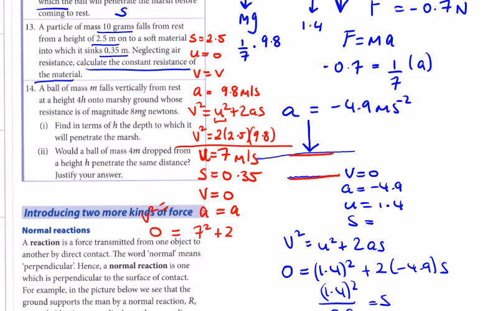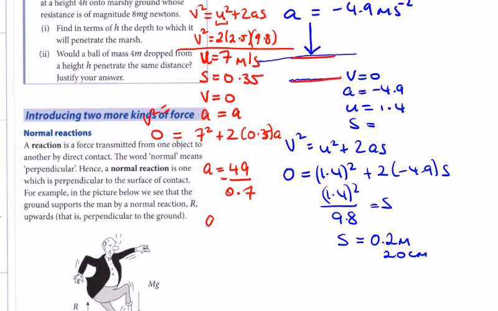So 0 is equal to 7 squared plus twice 0.35 by A. So we're going to have acceleration here is going to be 49 divided by 0.7. That's going to be a minus, and that's 490 over 70. So A is equal to minus 70 meters per second squared here.